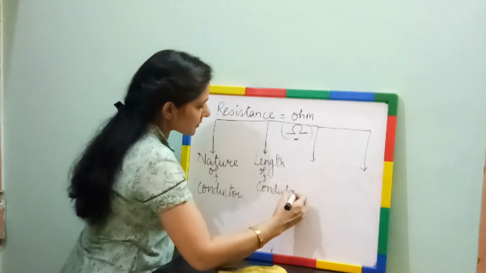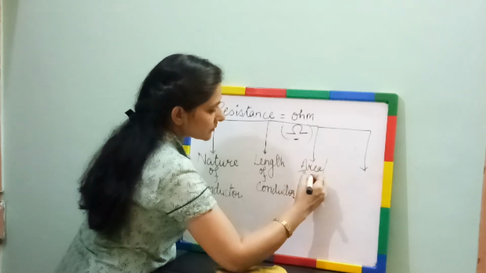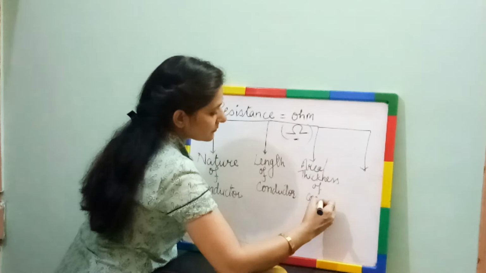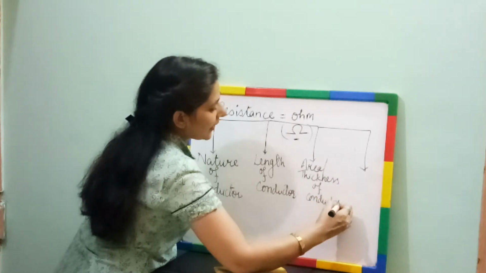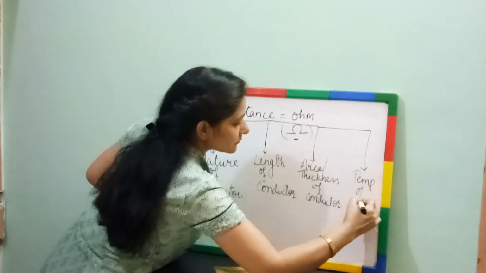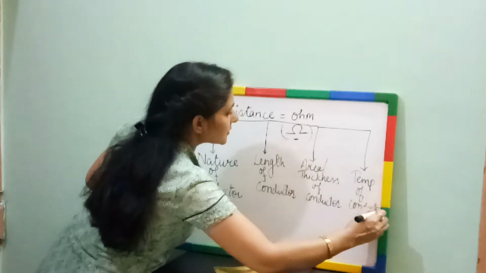Third one is area, or you can say thickness of conductor. And last one is temperature of conductor. We'll study one by one all these factors.